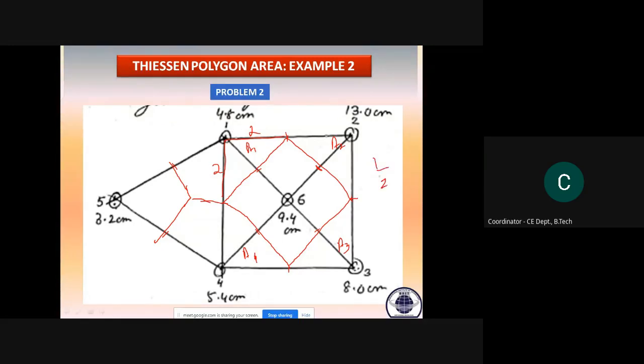Half into base is how much? 2. Sorry. Half into base into height. That is coming out to be 2 kilometer square. So these areas are 2 kilometer square.